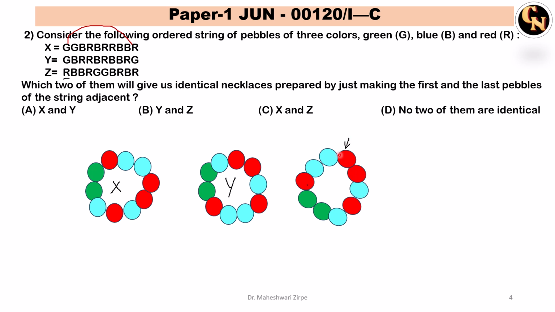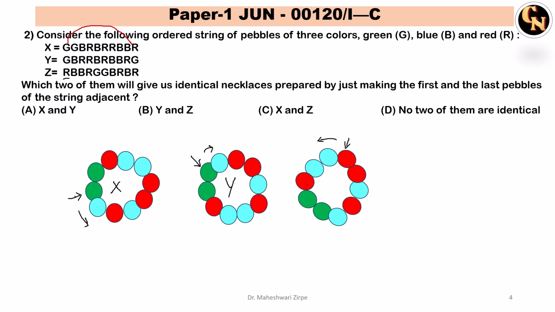So the starting point was this. I've shown you the starting point. Here the starting point was this for Y, and here the starting point is this green. It is going this way, anti-clockwise. Here it is going this way, and here it is going this way.